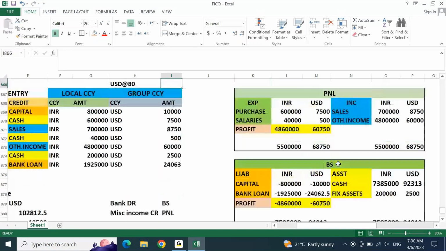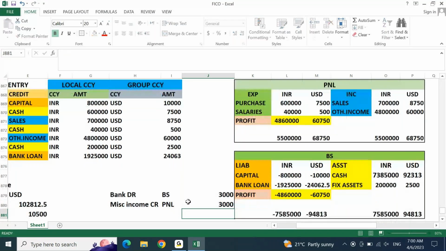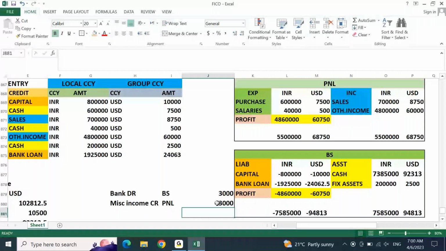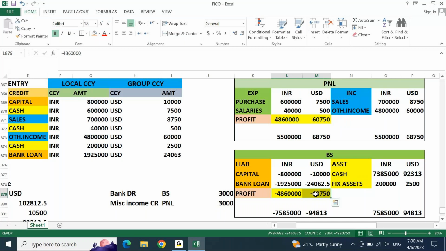If I say this is 3,000, now this will have an impact on my P&L and my balance sheet. I have to add 3,000 to my income side, which will increase my profit by 3,000. This profit will be added here and then your balance sheet will get tallied. If you pass one entry, you must be aware of how this entry is affecting your accounting.